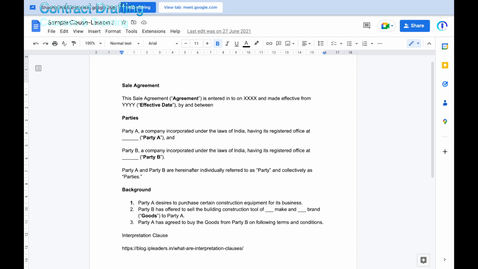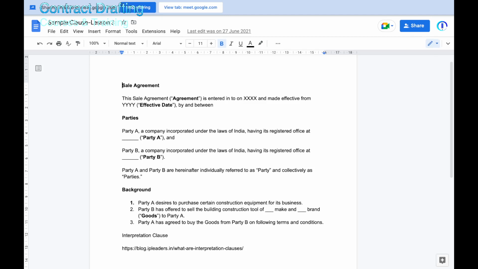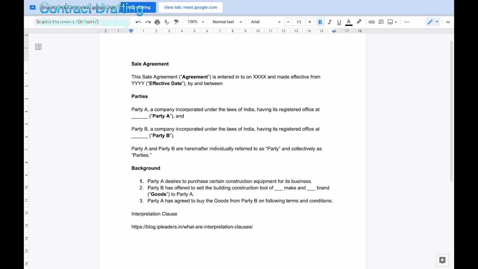Okay. So, this part is the introductory section which we discussed initially. In this, you can see there is a defined term agreement, and then there is the effective date, which is another defined term. Then there is a section of parties.